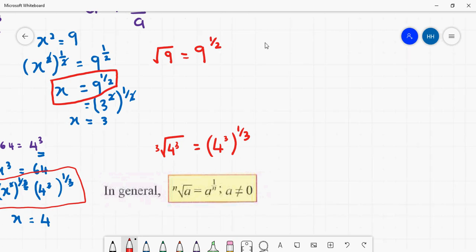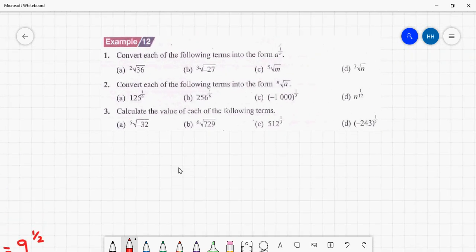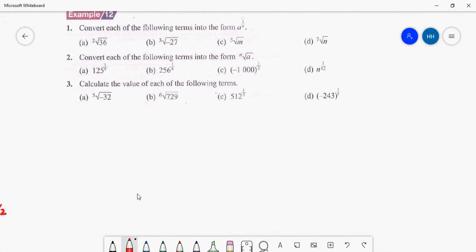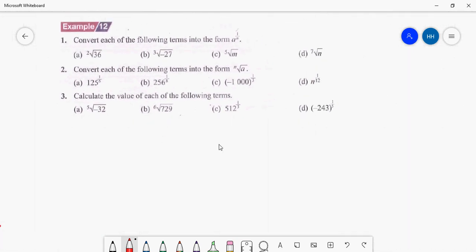Let's look at the example. The example is also taken from the textbook. Example 12, question number 1. Convert each of the following terms into the form a to the power of 1 over n. So look at a.